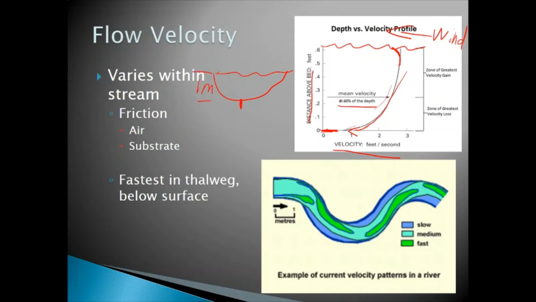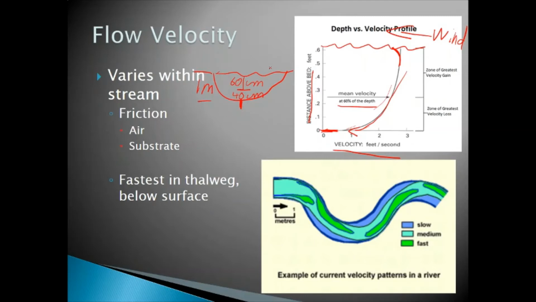At 60% depth, you would either go 60 centimeters down, or from the bottom, 40 centimeters up. Whichever one you want to think about, it's 60% of the depth down, and that's where you'll get basically the average velocity of the water throughout the whole water column.